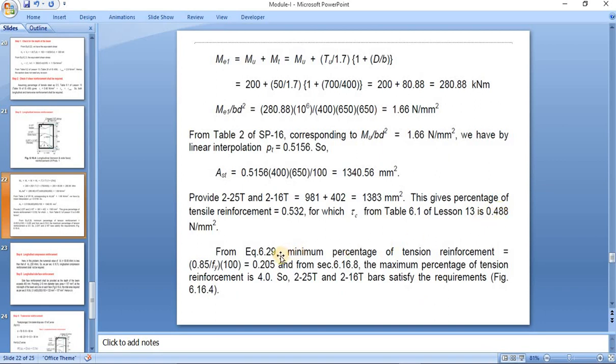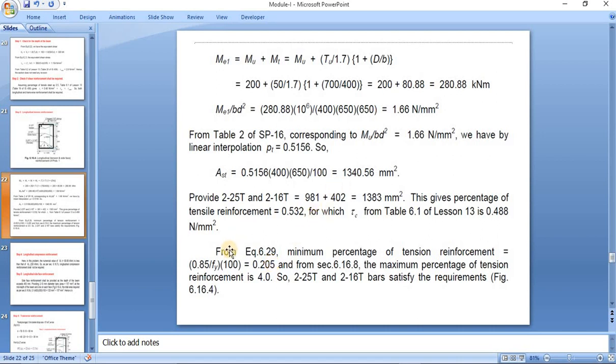These are the reinforcement we have provided, but do we check it for minimum reinforcement? Remember, minimum tension reinforcement for a beam is 0.85 by Fy into 100, which is equal to 0.25%. So it is much less than the provided.